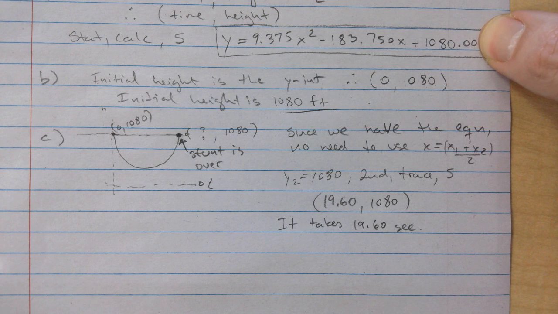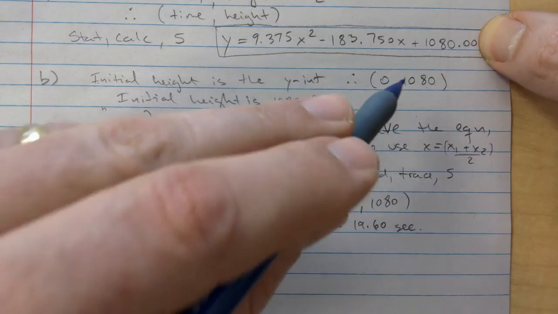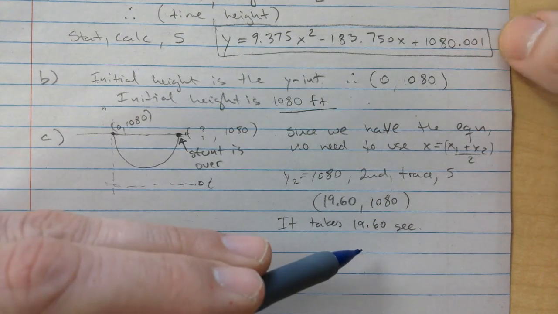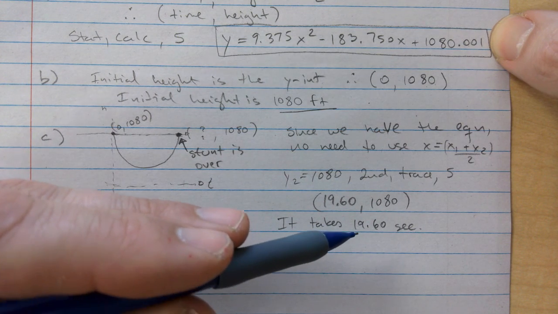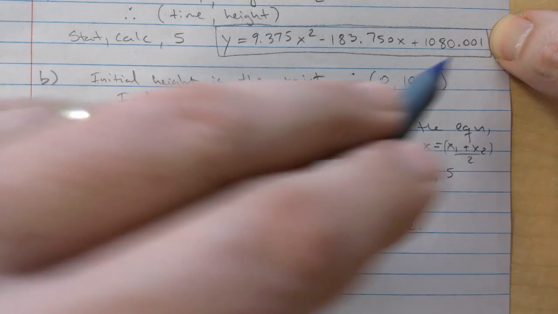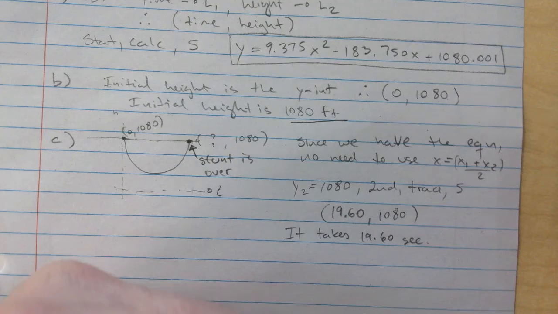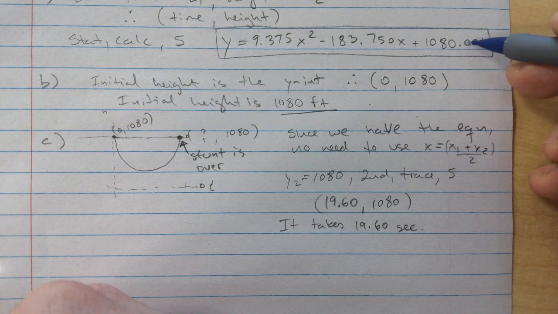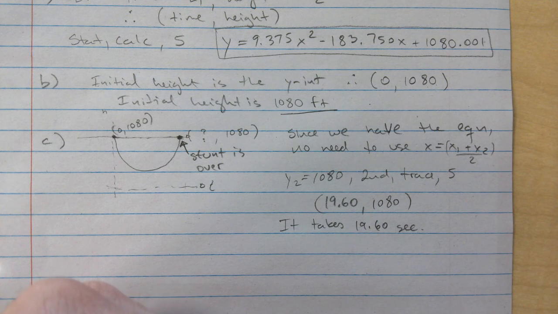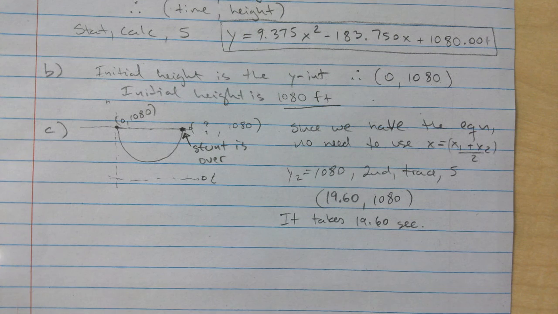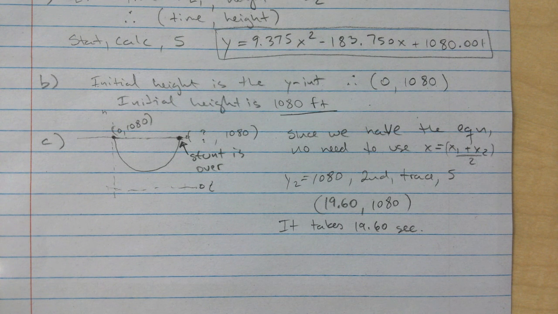I would just use 1080 here for the actual work thereafter. If you had kept it at 1080.001, you would also get full marks. So both will get full marks. The only problem is if this had been 0.008, then this would have to be rounded to 0.01 if you rounded it to 2 decimals, and then yes, you would lose rounding marks there. Does that make sense?